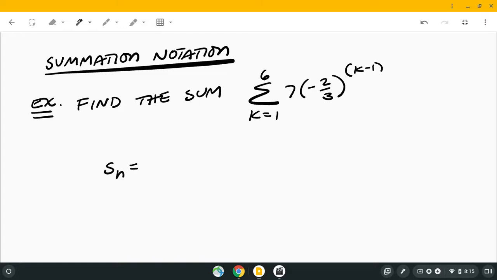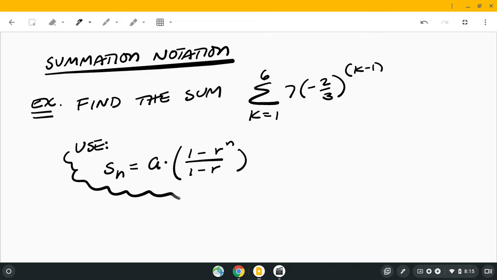The Sn formula is a times 1 minus r to the n over 1 minus r. We want to use this.